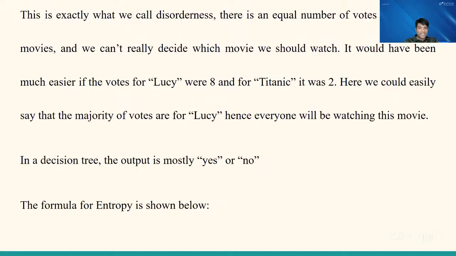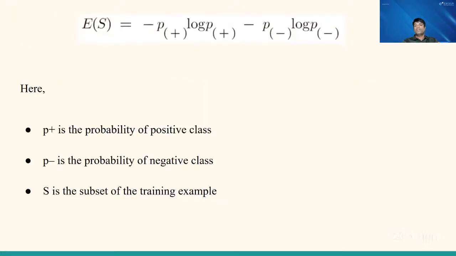So now we are applying entropy. We can apply the entropy formula. This formula calculates the probability of the positive class as well as the probability of the negative class. It's a very simple formula. S is nothing but the sample size, or the subset of the training sample.